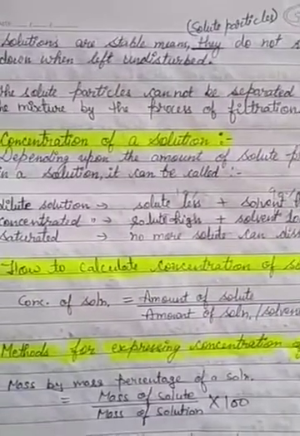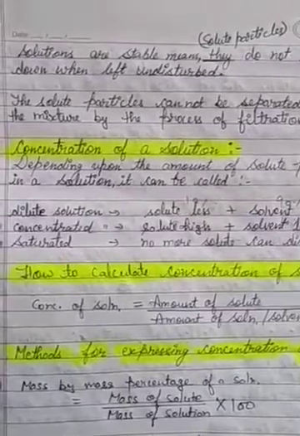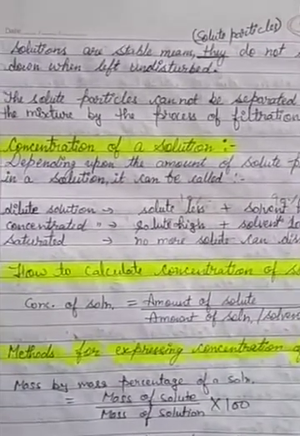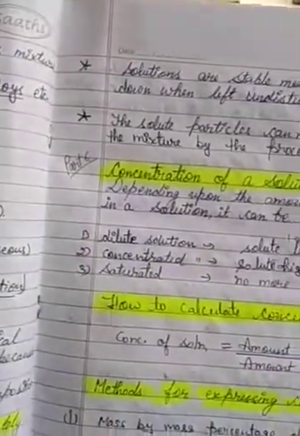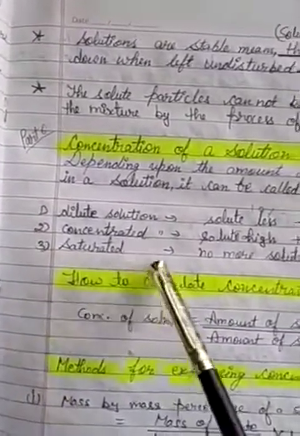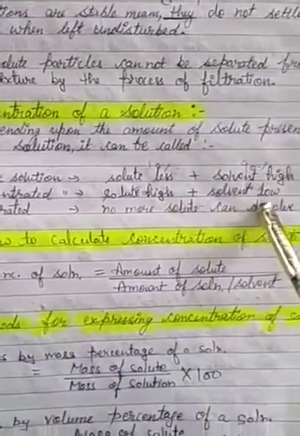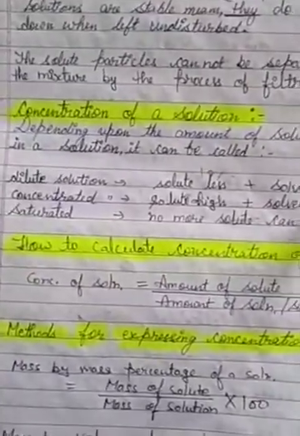Suppose there is one full glass of water and 1 spoon of sugar. So the solute is less and the solvent is high. That type of solution is known as a dilute solution. And concentrated, when the amount of solute is high and the amount of solvent is low. Clear?